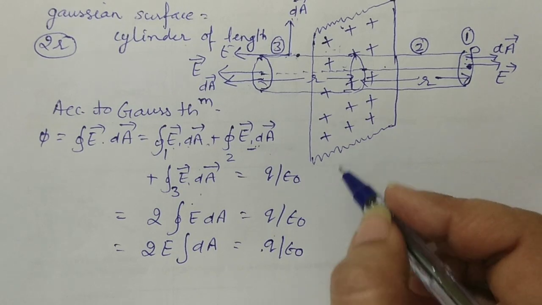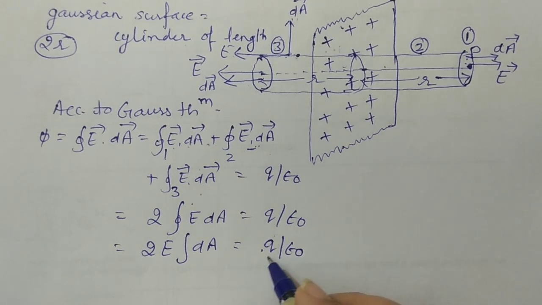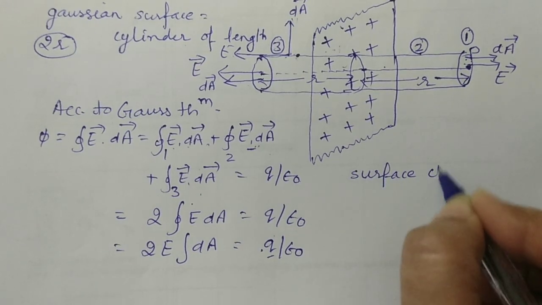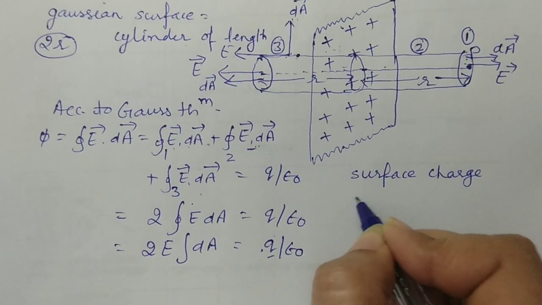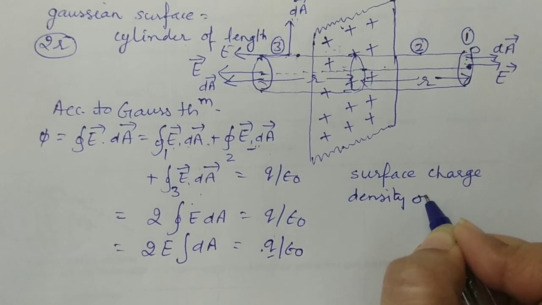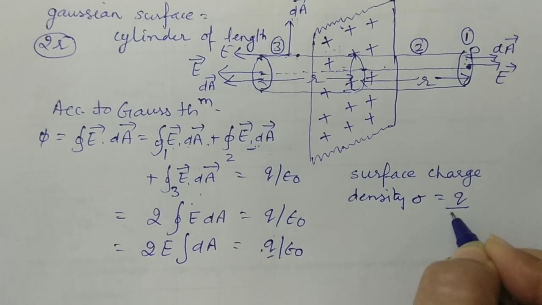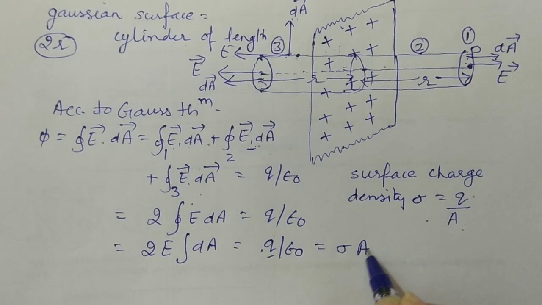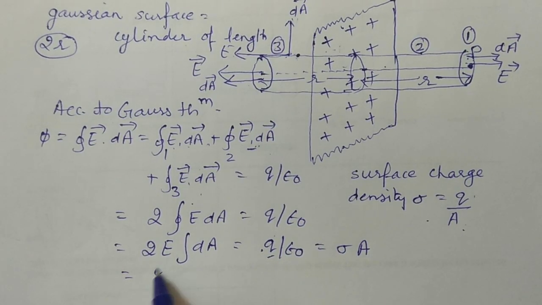Here, because this is infinite sheet, we don't know how much charge will be there on the sheet, so we define surface charge density, which is sigma, and this is Q upon A, charge per unit area. So from here, we can write Q as sigma into A. So it will be 2E.